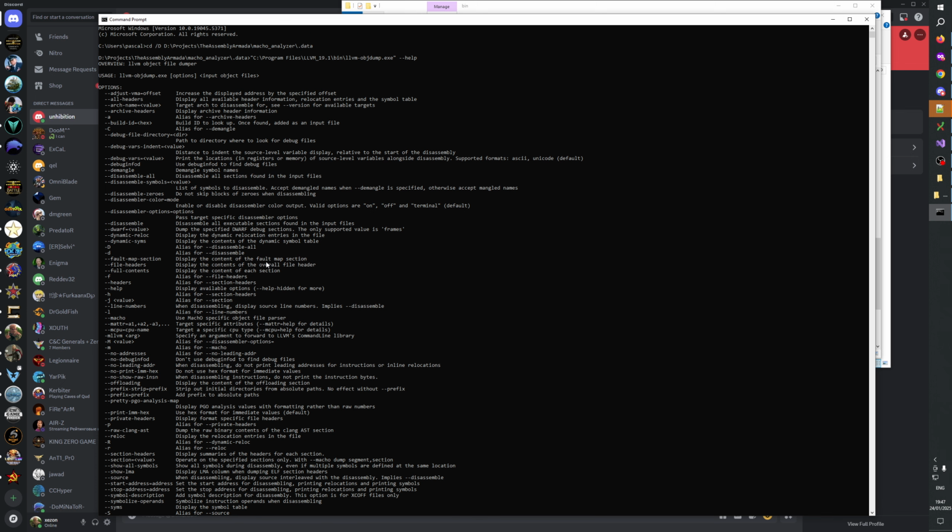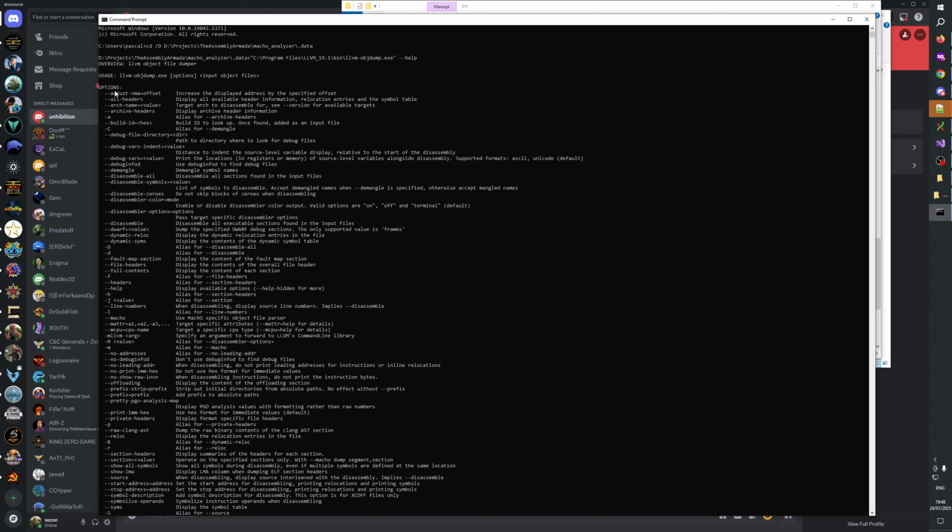Good. So let's see. So there is: display all available header information and the symbol table.